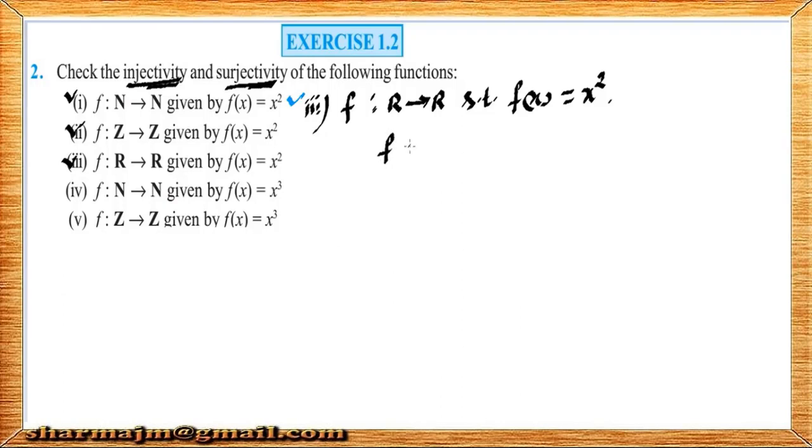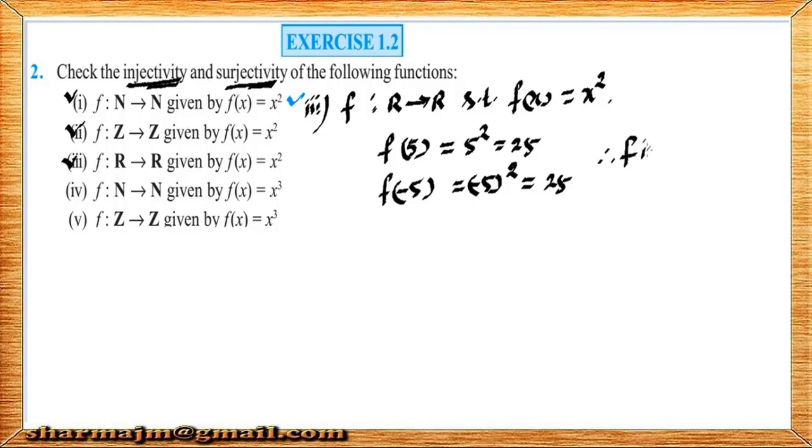If we take 5, f of 5 will be 5 square, that is 25, and f of minus 5, that is minus 5 square, that is again 25. So 5 is having its image under f as 25, minus 5 is having its image under f as 25. So this function is many to one. So f is not one to one.